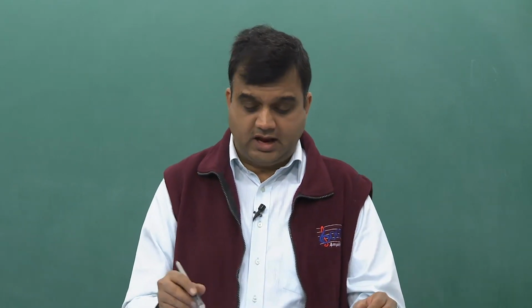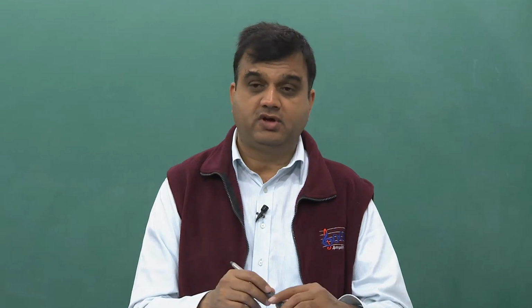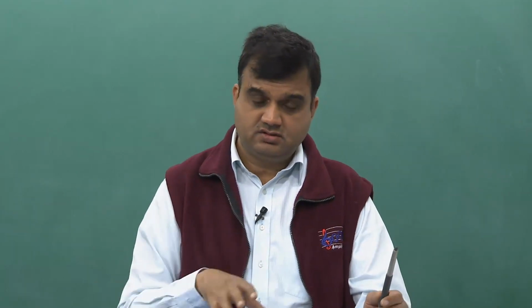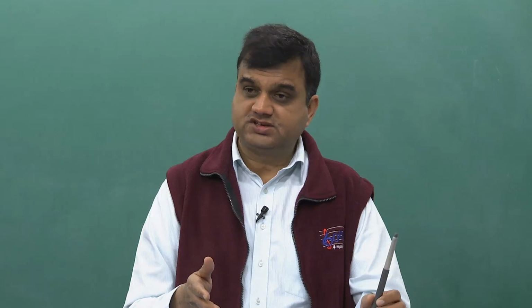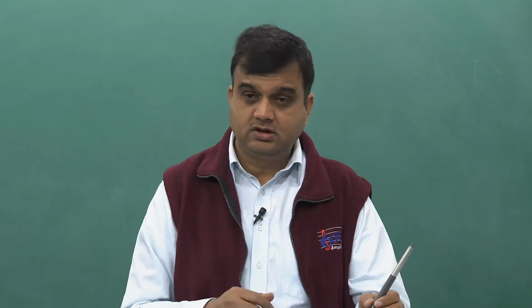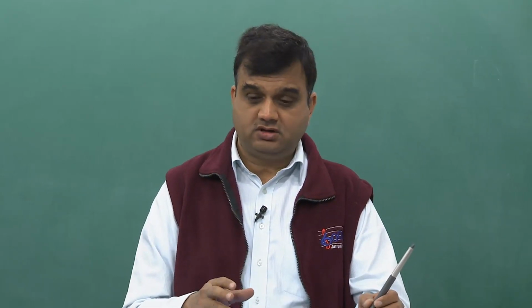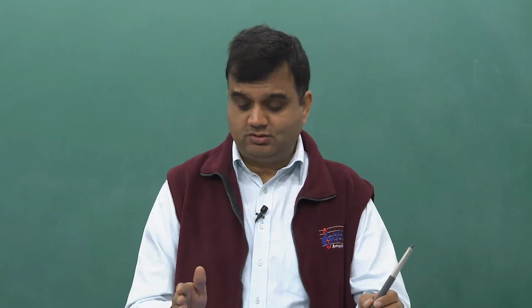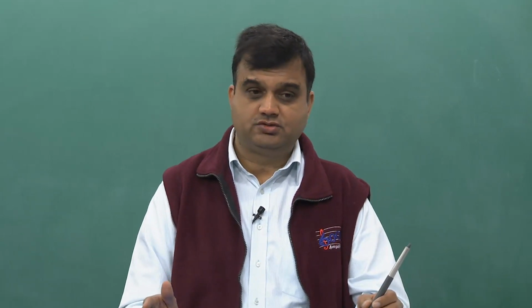But in a time dependent problem, we not only have to find solutions in space, for instance with respect to x, y and z directions, but we also have to find the solution at time t equal to 0, t equal to 1 second, t equal to 2 seconds and so on.